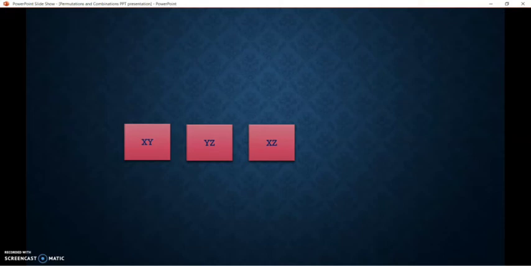Because in permutations, as we have seen, we are bothered about a specific arrangement. If the arrangement is changed, the counting is not one, there will be two different things.